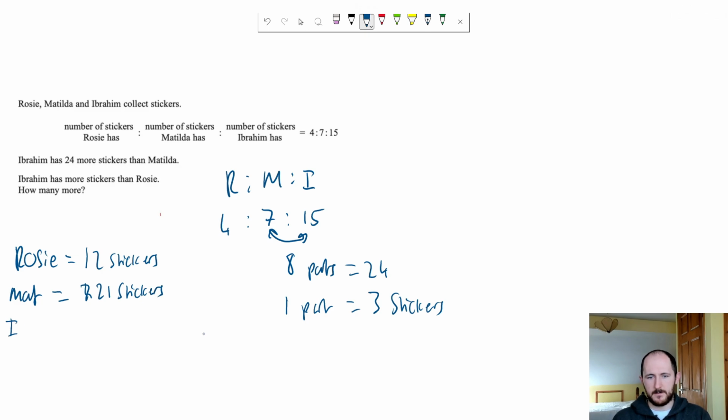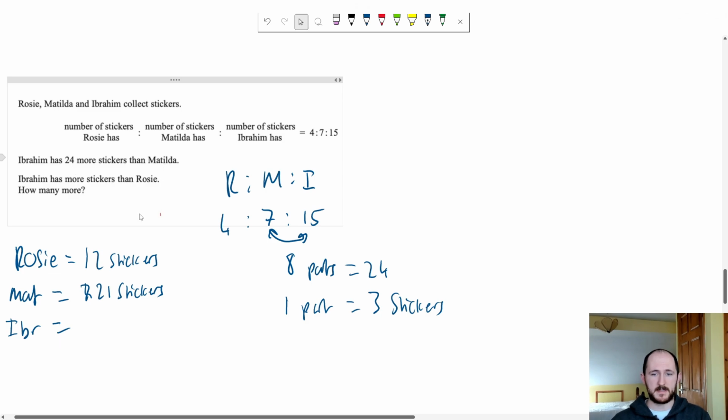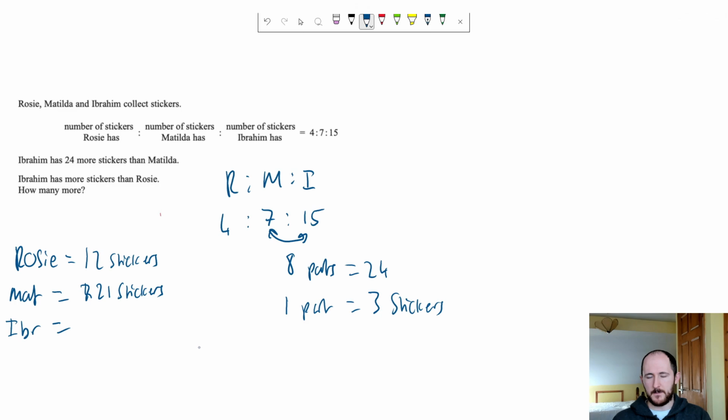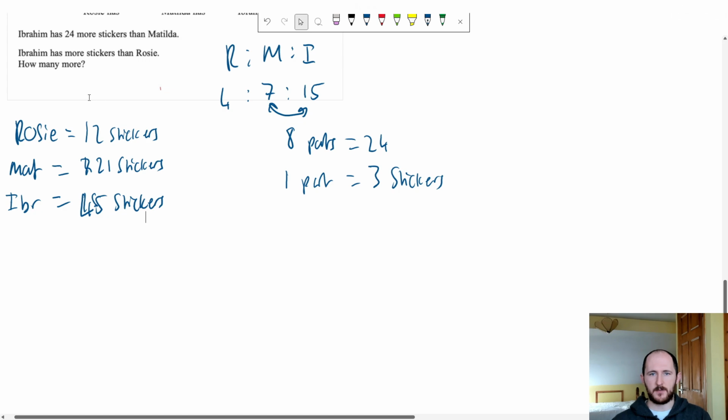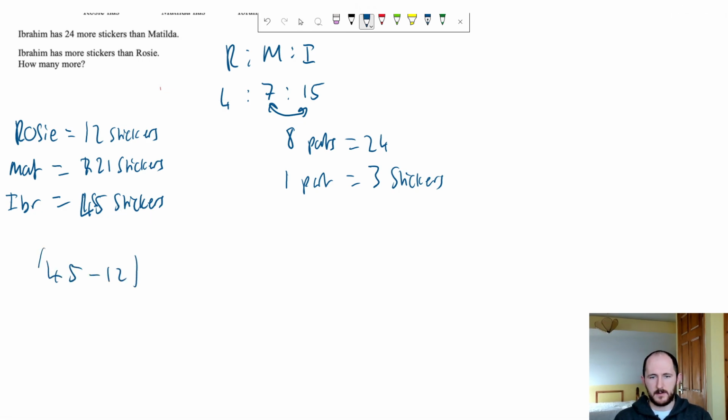And Ibrahim, which technically, by the way, since we know Ibrahim gets 24 more than Matilda, we could do 21 plus 24, or we could do 15 times 3, which is 45 stickers, which is again the same as 21 plus 24. And it says, Ibrahim has more stickers than Rosie. How many more? Well, he has 45 minus 12, which is 33 more stickers than Rosie.